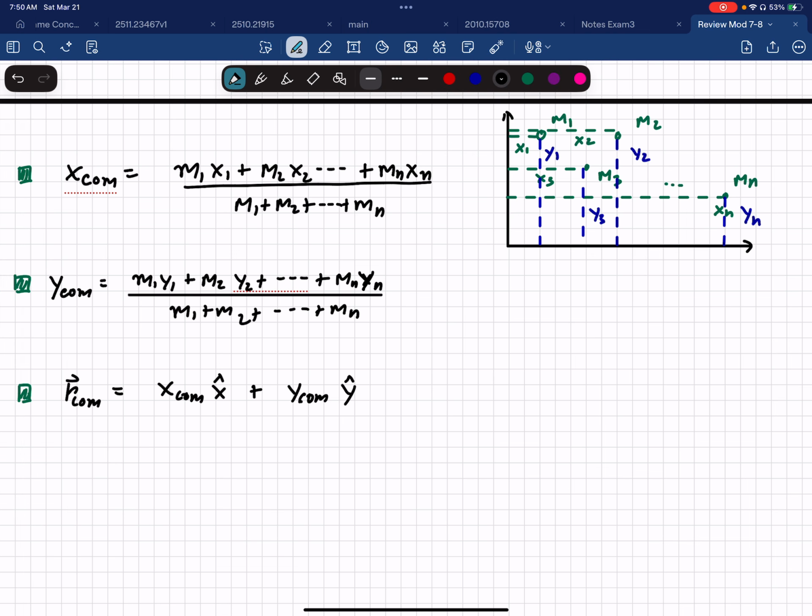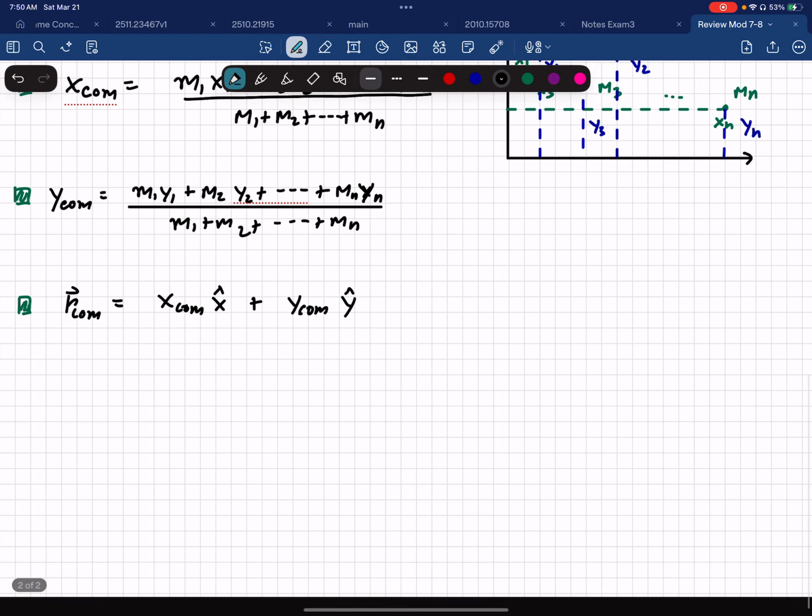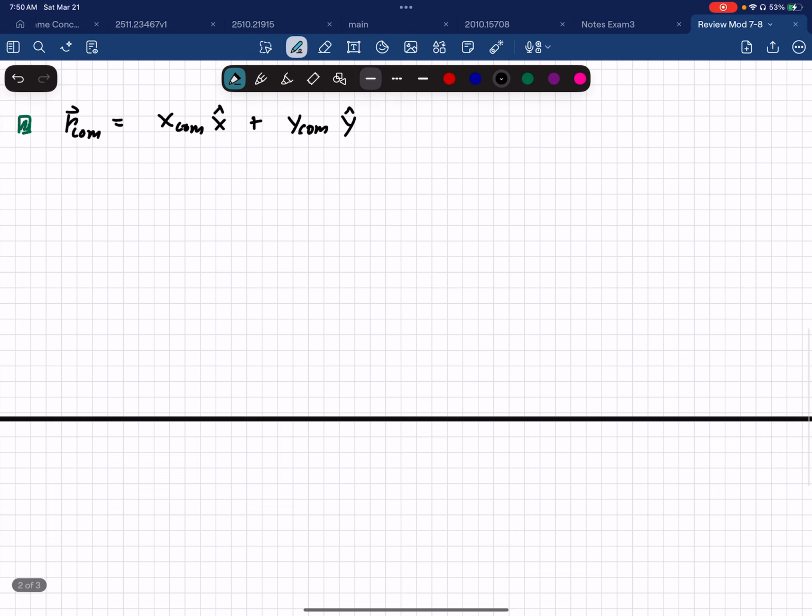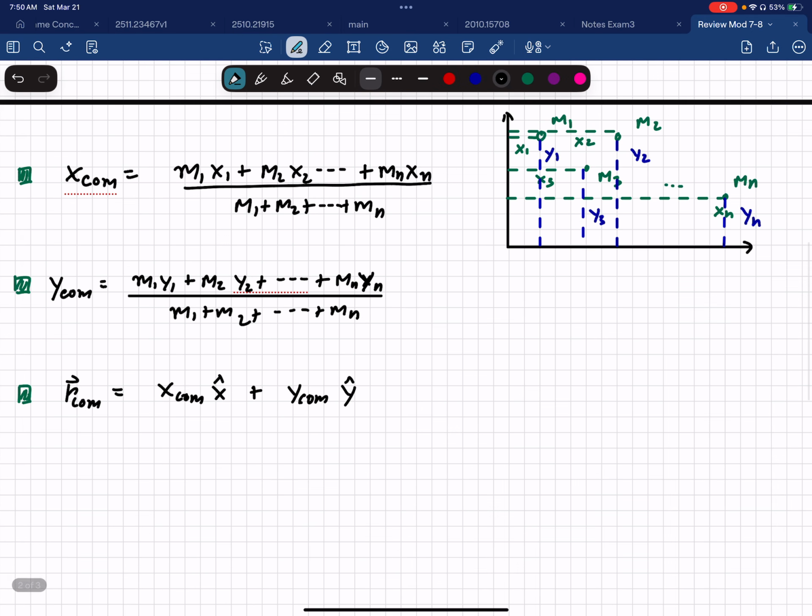Okay. Now, leading from here, since we understood how to convert an ensemble of particles, what we basically did was convert this entire ensemble into this big blob, which has a new position, which is the center of mass position.